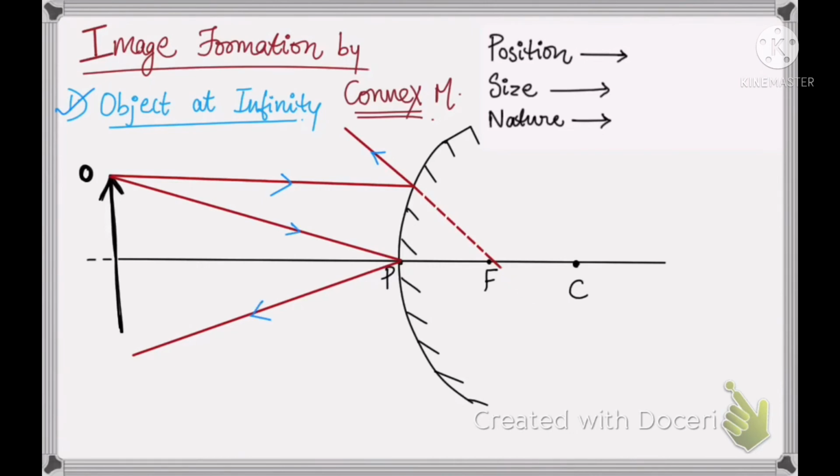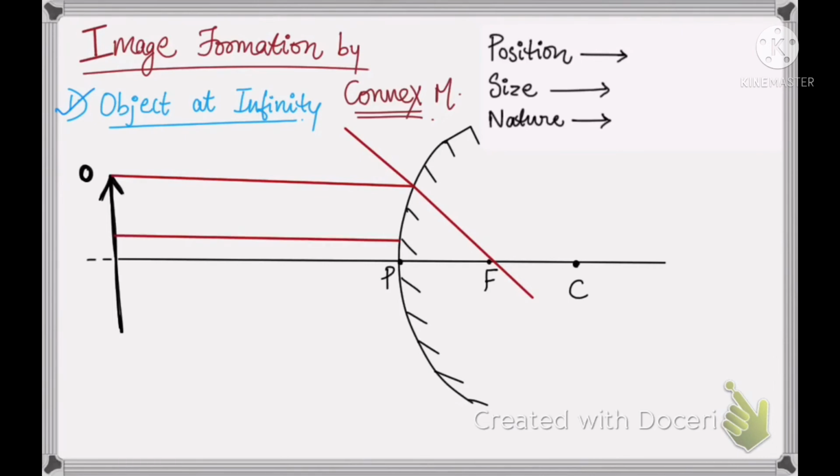Oh, I'm very sorry. We can't consider the ray obliquely to the pole. Why is it? Because the object is at infinity. I'm sorry, I just forgot. Because the object is at infinity, we can only consider parallel rays. As we said, we consider the rays to be parallel when it is at infinity.